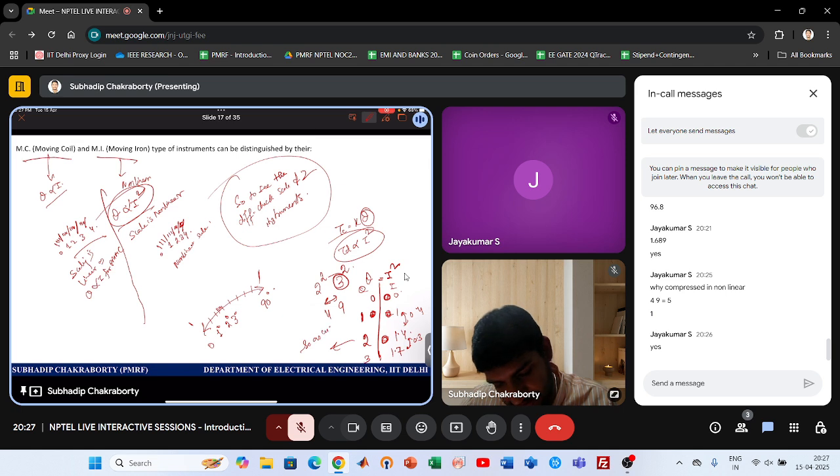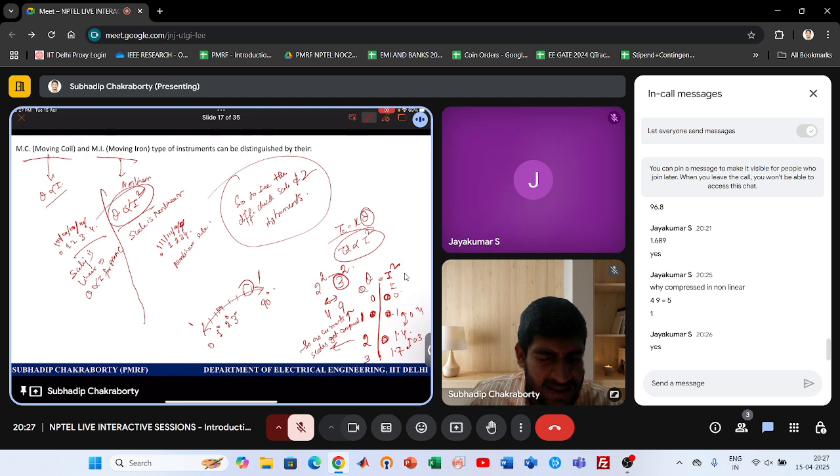So as currents increase, scales get compressed, because for the same theta block of 1 degree at the higher side, you have to incorporate more currents. Understood, right? Whatever I am trying to tell you. So the scale gets compressed at the higher side.